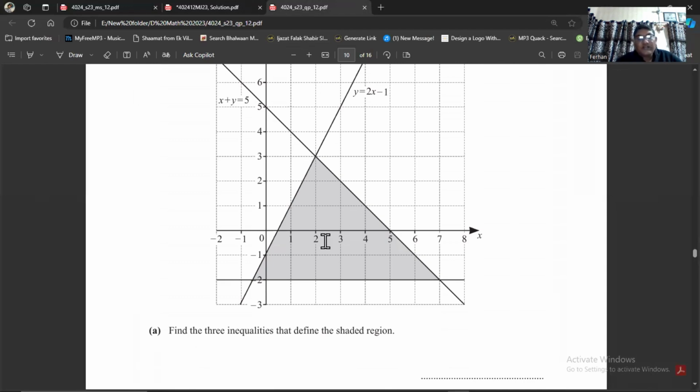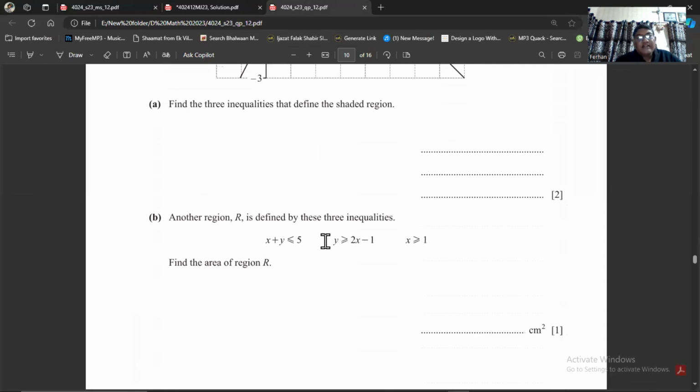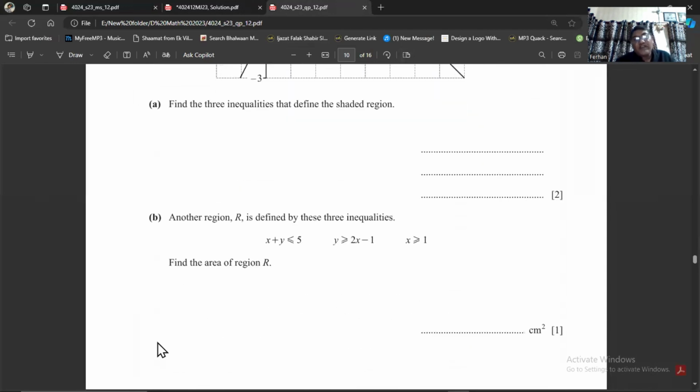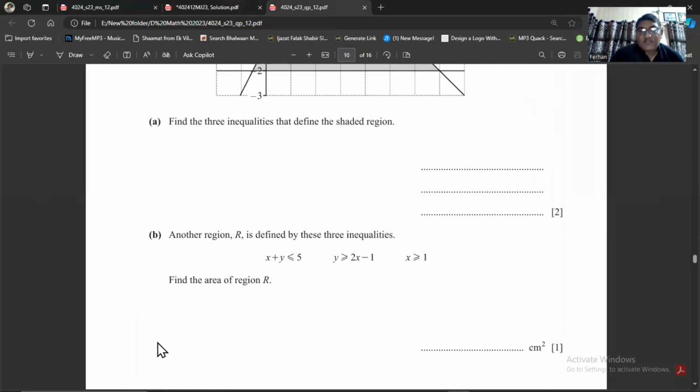Then y is greater than, so we have to remain above this line, because the crocodile mouth is towards the y, and x is greater than or equal to 1.